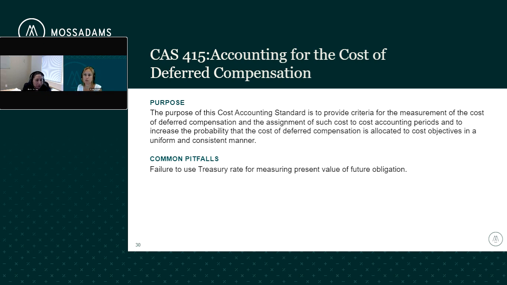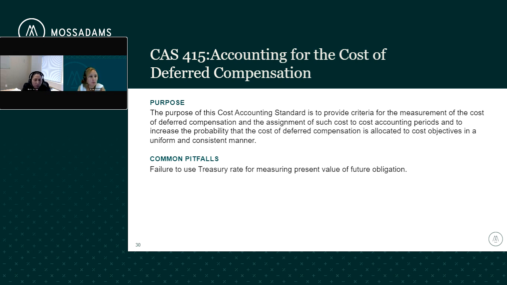Maybe you don't, and maybe it's really at the time of payment. So understand how those agreements work and what the legal language is. Then sometimes you have to do the measurement from a present value perspective, so the measurement of the amount of the cost shall be the present value of the future benefit to be paid by the contractor.